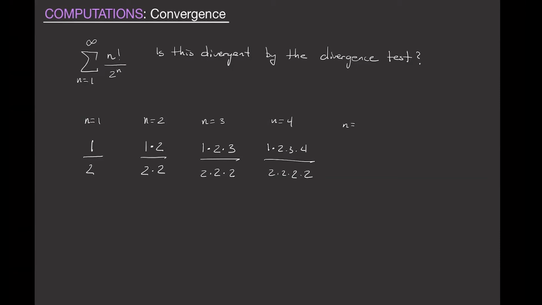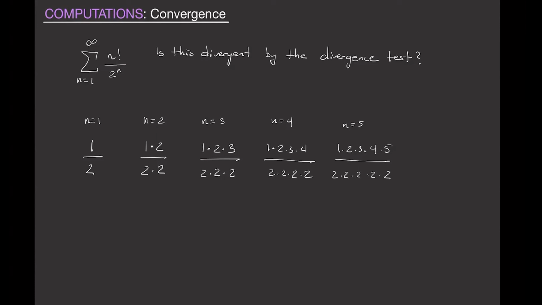And I think by n equal to 5, it should be clear what's happening. And let me space these so it's as easy as possible to see.